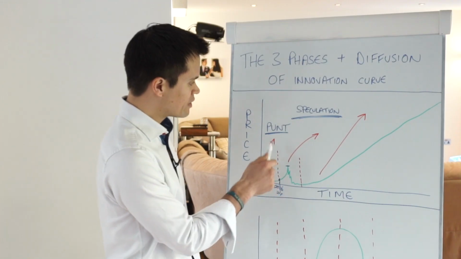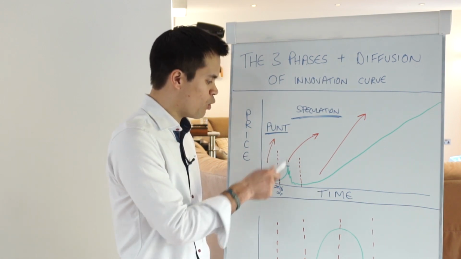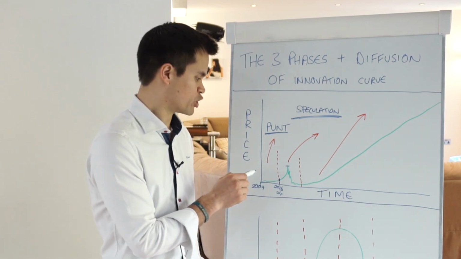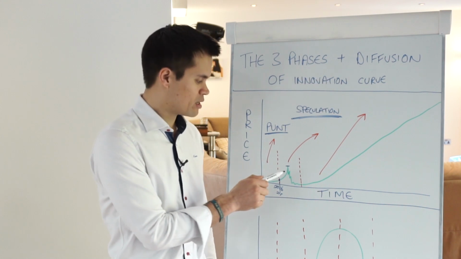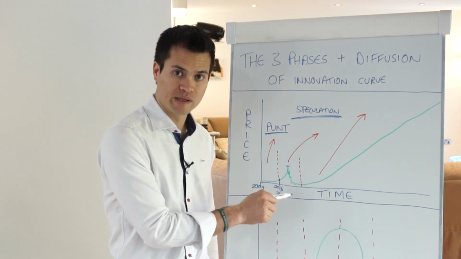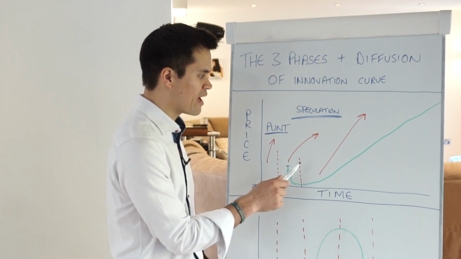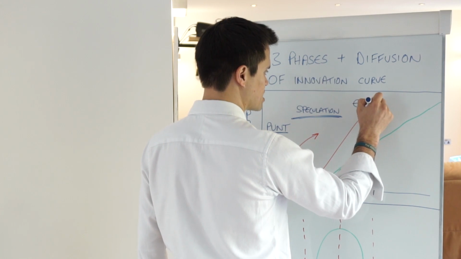So yeah, that's the speculation phase, where you have crazy blow off tops, and then it all goes wrong. And only once the market has popped and things resume back to normal and the volatility disappears, that's when it goes into the established phase.